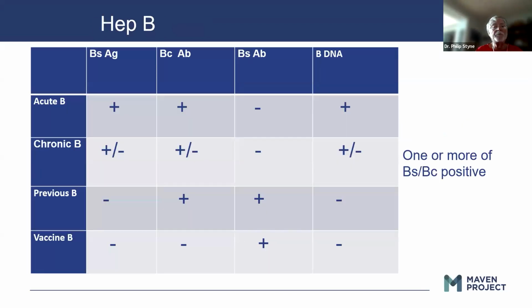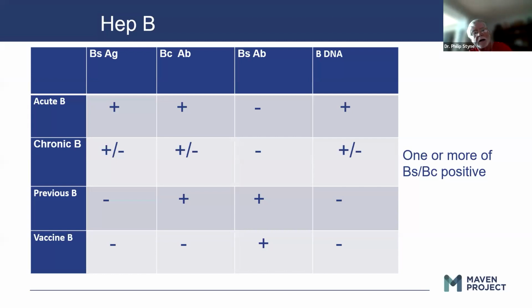Don't copy this down, but Christine will make it so the slides are available. But this is a look at hepatitis B, acute and chronic. And you'll notice in the chronic line, they may or may not be surface antigen positive. So you can have a patient who's surface antigen negative, hepatitis B core positive, and have chronic disease.